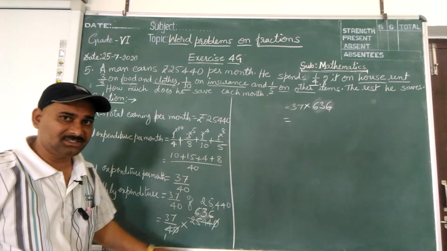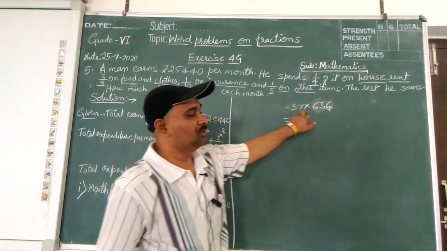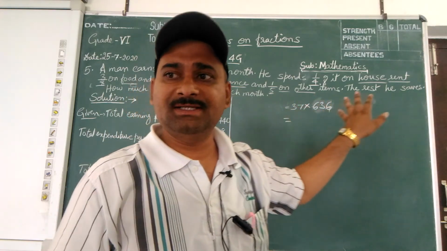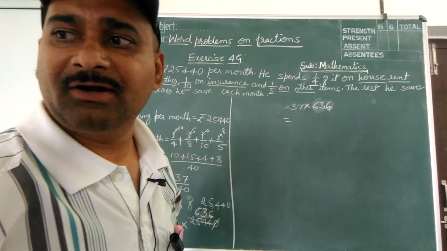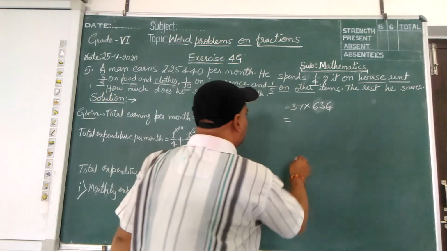So it is 636. I am sorry, I made some mistake here. So 37 into 636: when you multiply, you will get 23,532.